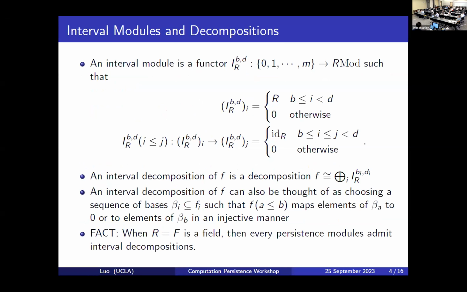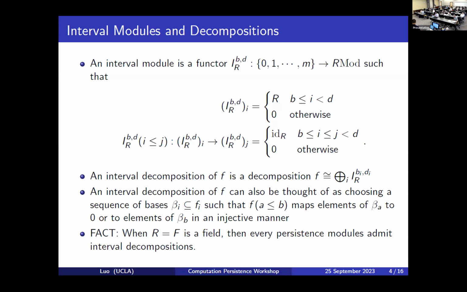All right, so now let me talk about what an interval module is. An interval module is a persistence module that has two parameters, B and D, where, when we take an index I that is greater than or equal to B and less than D, the persistence module valued at I is precisely R, and otherwise it's zero.